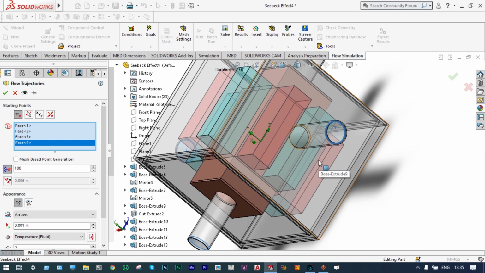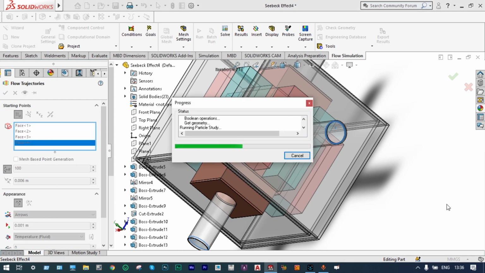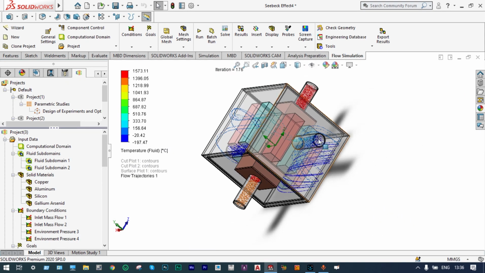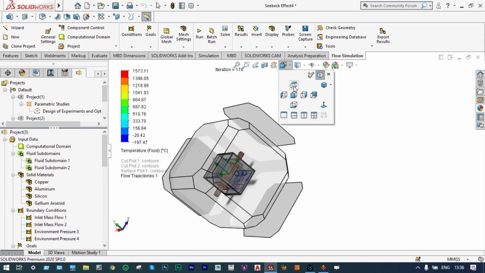And from these different surfaces, you want to see the dynamics of flow particles in the form of arrows. Okay, green check. The particle study is running right now. We can see the dynamics of flow particles within a short time. Okay, it is done. Now you can see from front plane.